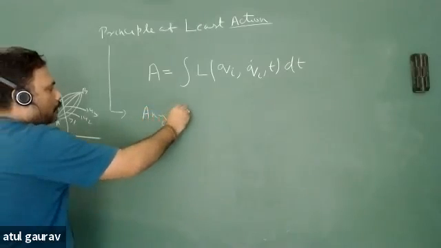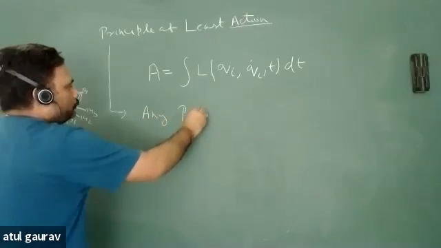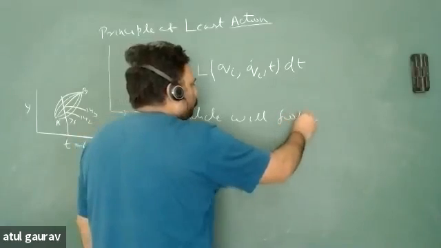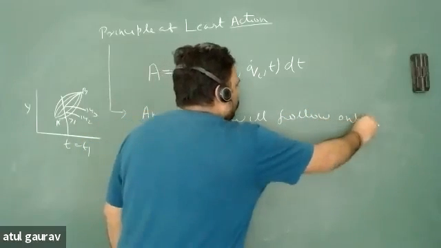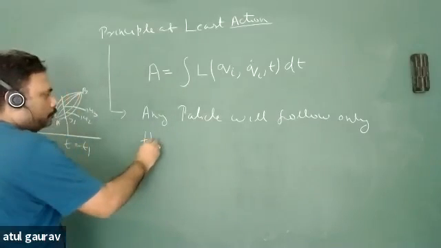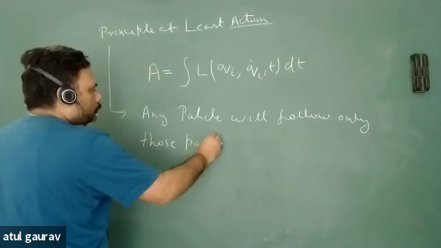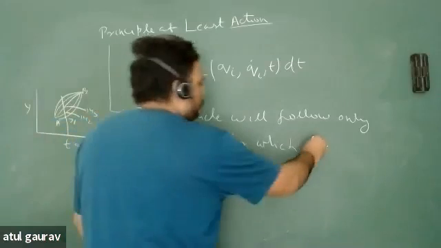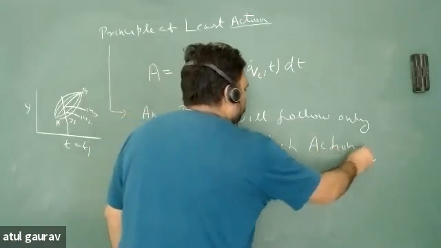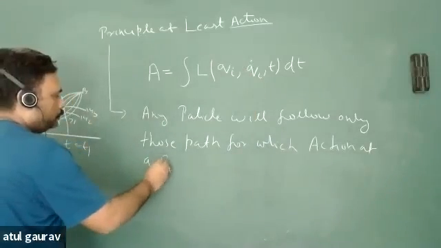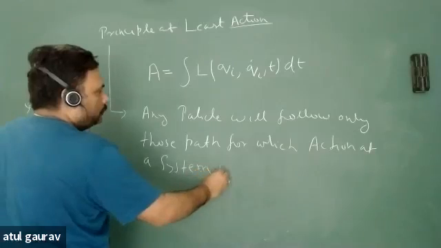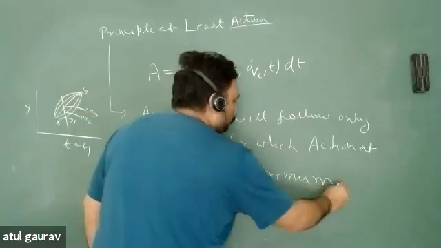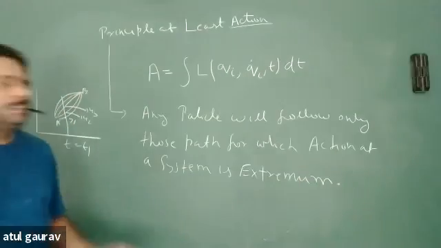Any particle will follow only those paths for which the action of a system is extremum. So the action of a system is going to be extremum.